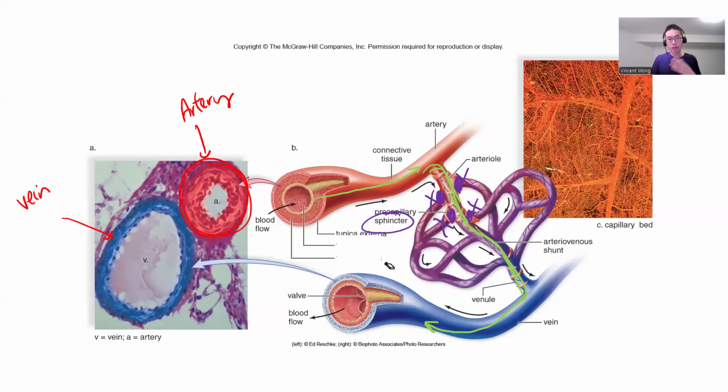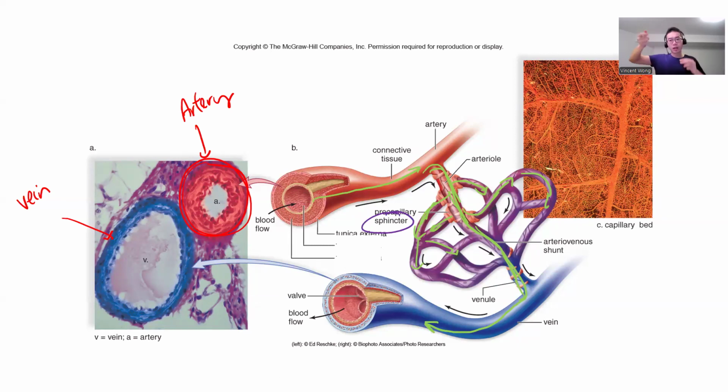If this location, wherever it is, requires more oxygen, then the blood vessels will open up these sphincters, and then the blood will now be able to fill up the entire capillary. Right? And in doing so, you are supplying more blood to this location. 100% supply, as opposed to before, maybe it was at like 70% capacity.